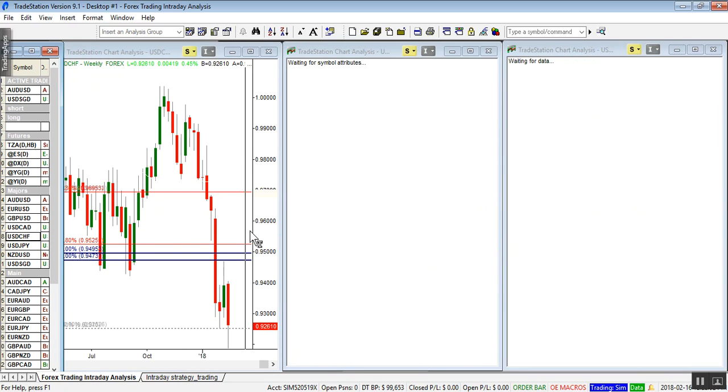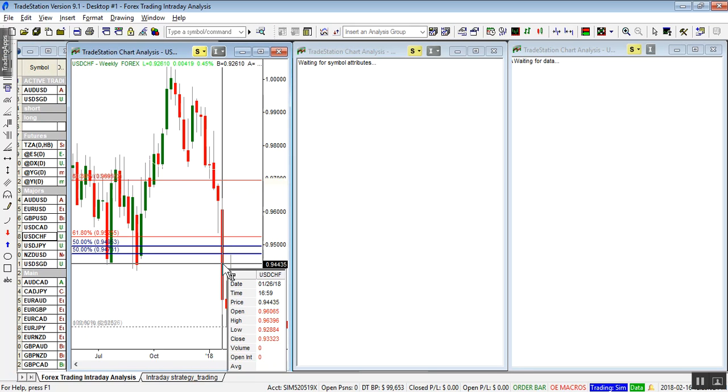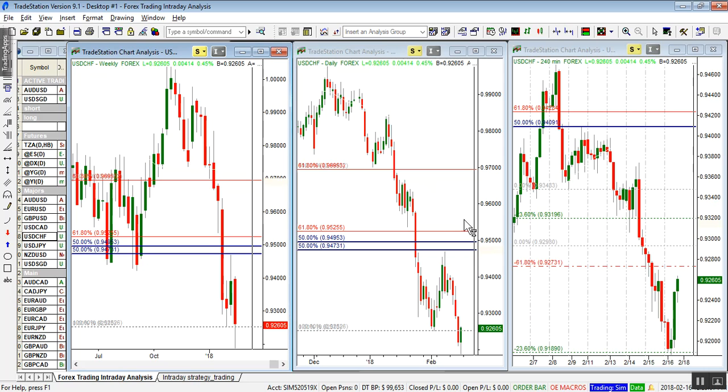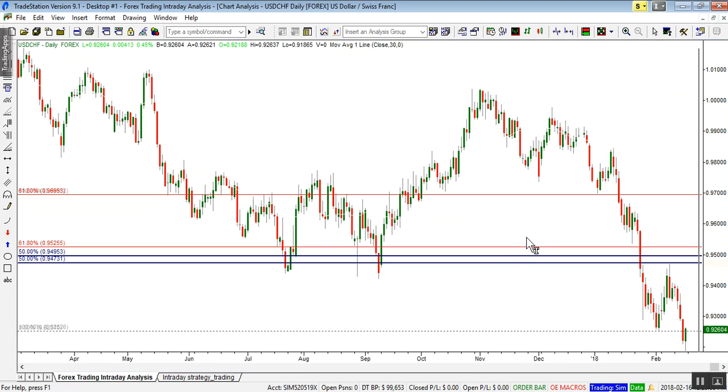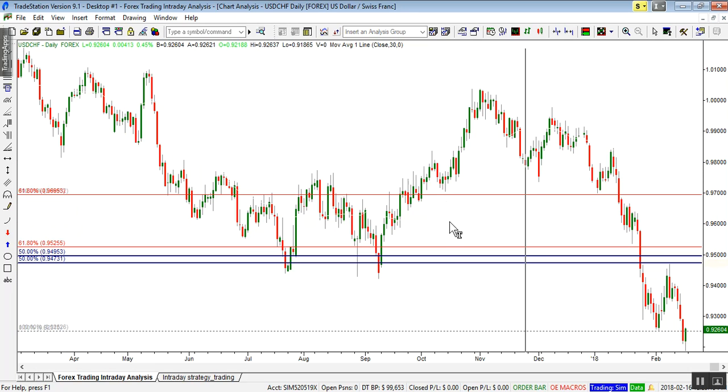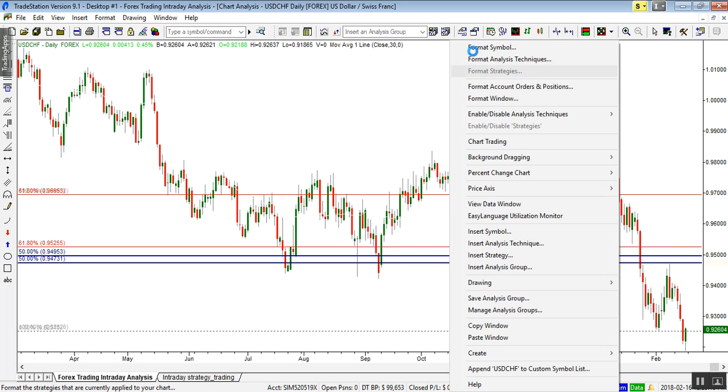US dollar, Swiss franc, we're seeing similar behavior here. This market has traded an extension short, which is the one that you see here on the screen. The first target is just below lows here. Let me change the scale. Let's look at that level, and let's see what's going on here.